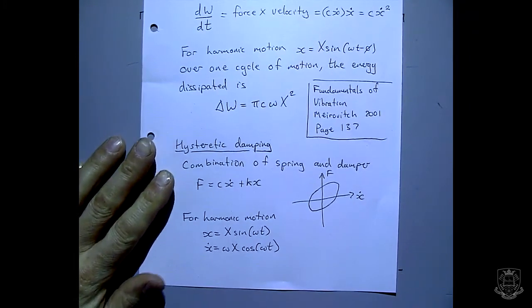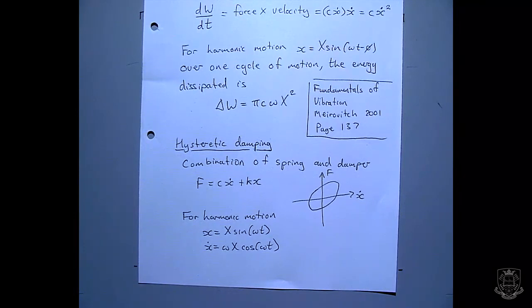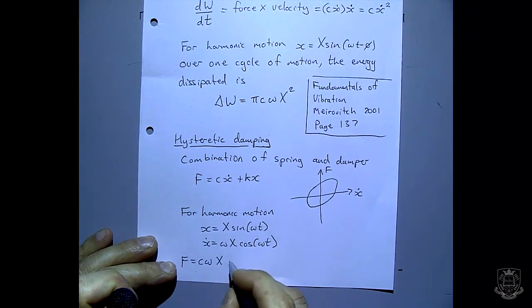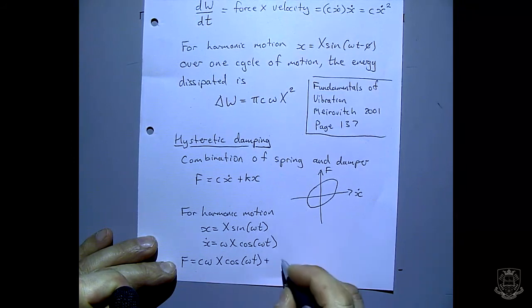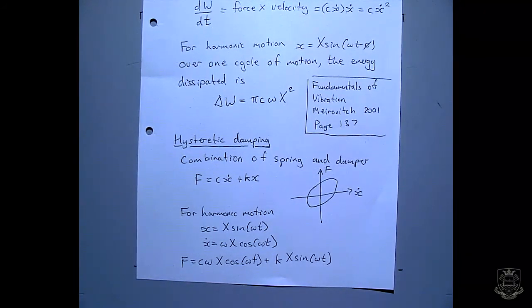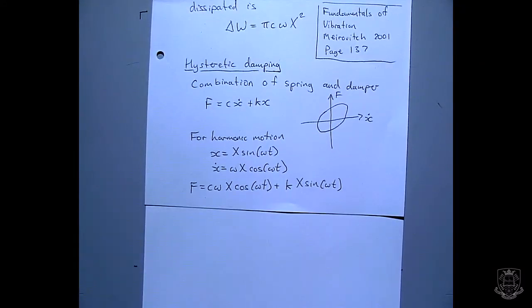So if we just assume it's a sine wave and ignore the phase for now, we can substitute those into the expression for F. What we're trying to do now is get something which develops this loop idea, so we're going to do a little bit of manipulation.